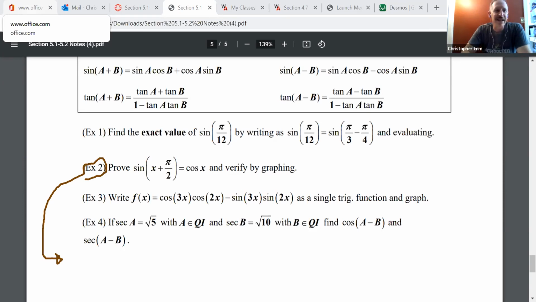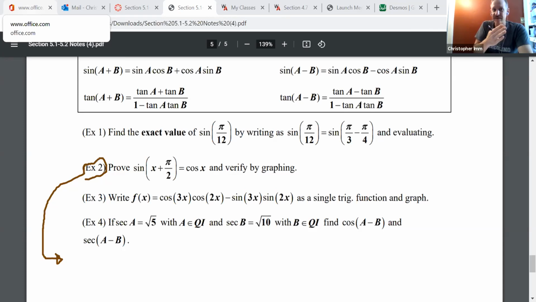So when we compare cosine to sine of x plus pi over 2, what kind of shift or stretch or compression is going on there? For sine, it's a horizontal shift to the left by half a pi. Exactly. Very good. So we have an inside change of pi over 2, and we're adding, so it's going to the left.